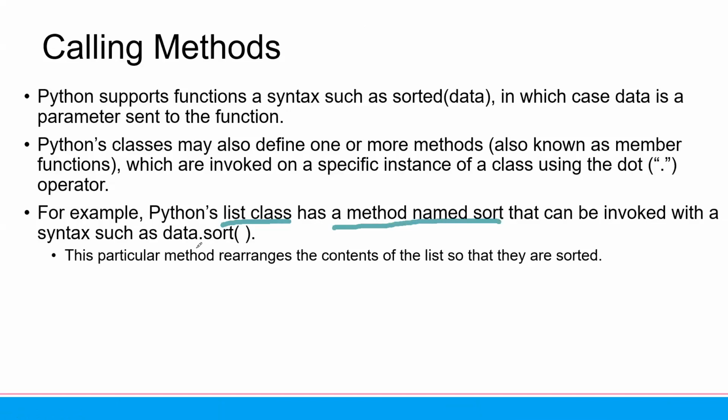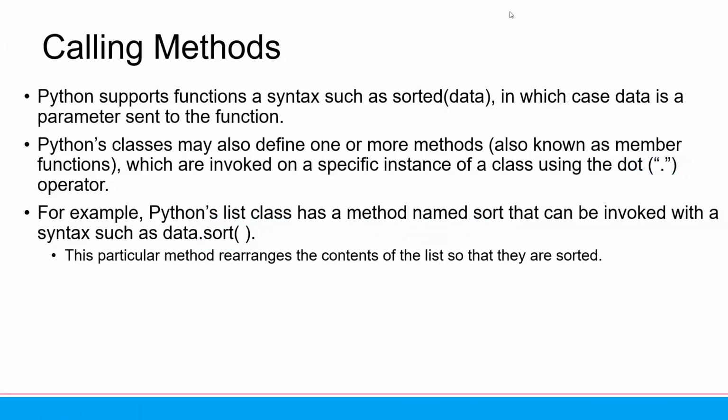When we want to call the method, we need to invoke the method with dot. So using the dot means we are going to execute the method. This particular method rearranges the content of the list so that they are sorted.